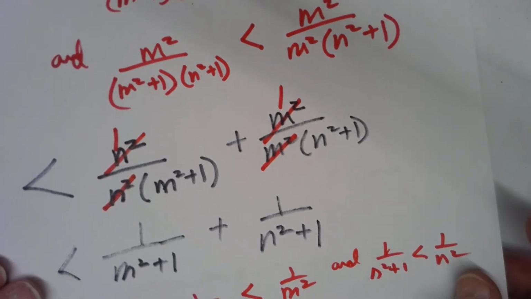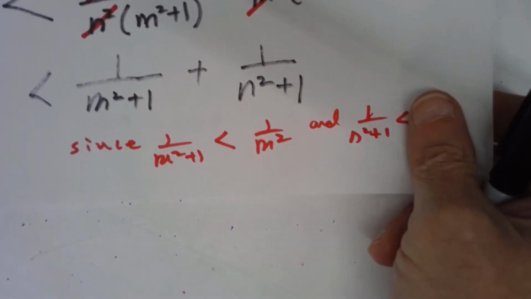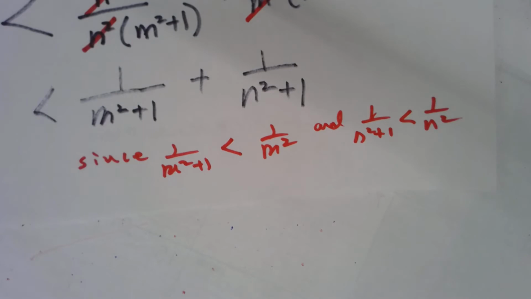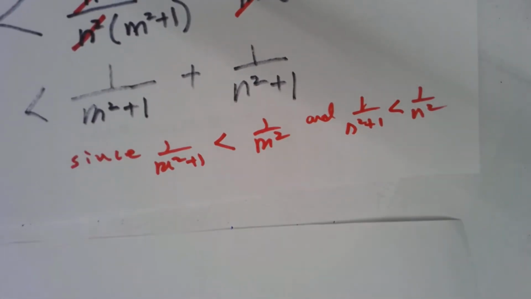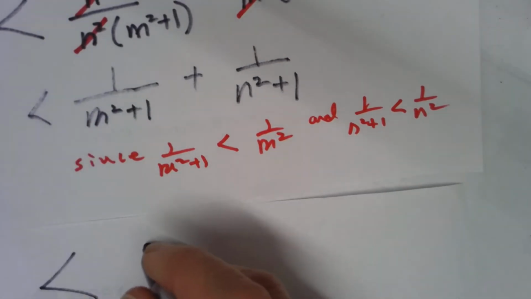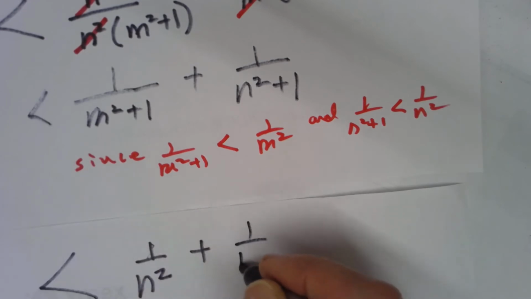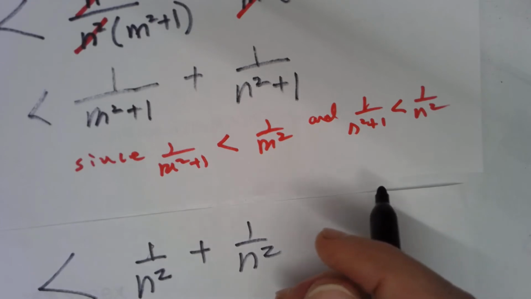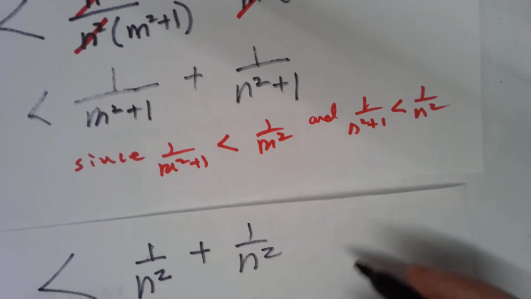So we're simplifying this even further. Okay, so from here we can say that this expression is less than 1 over m squared plus 1 over n squared.